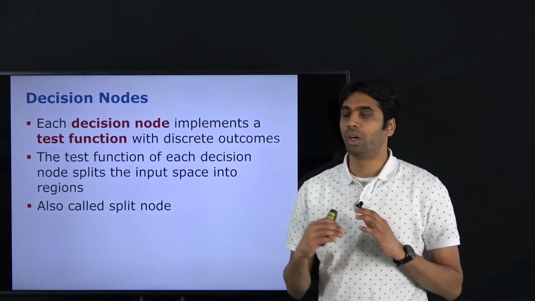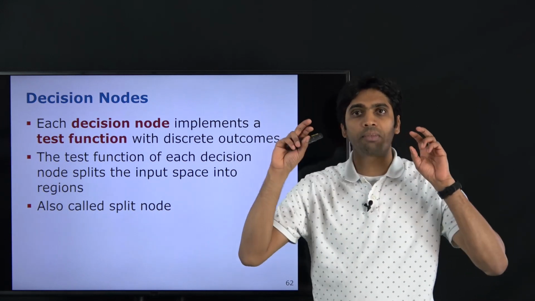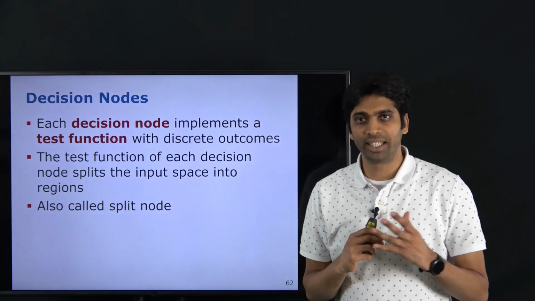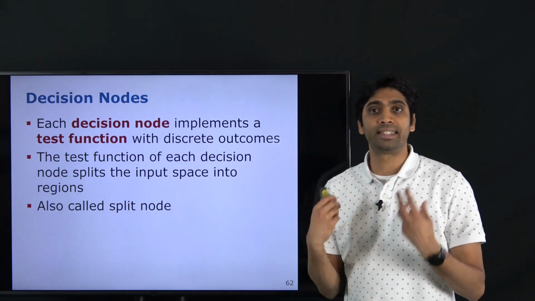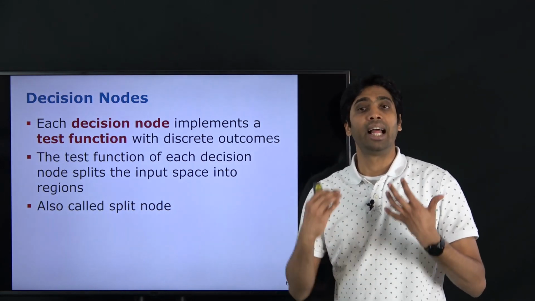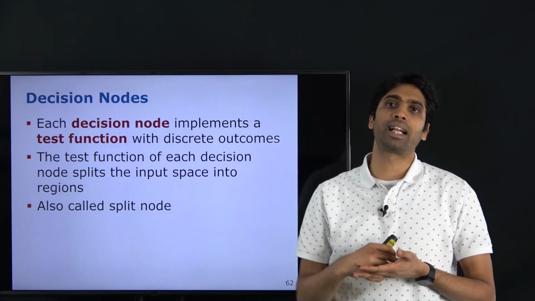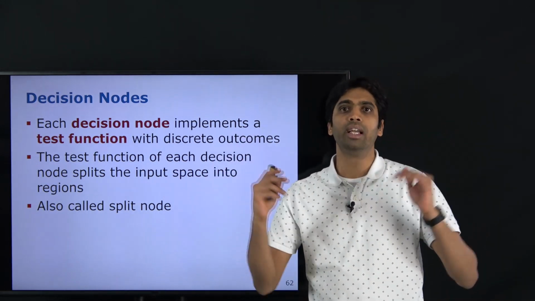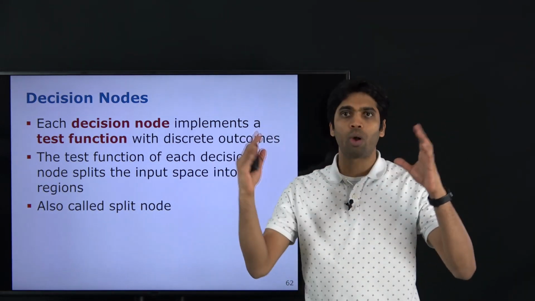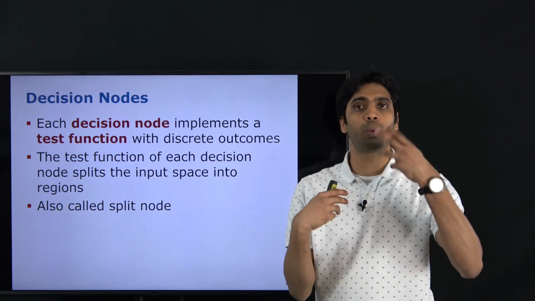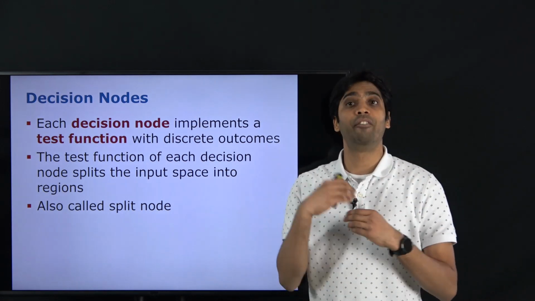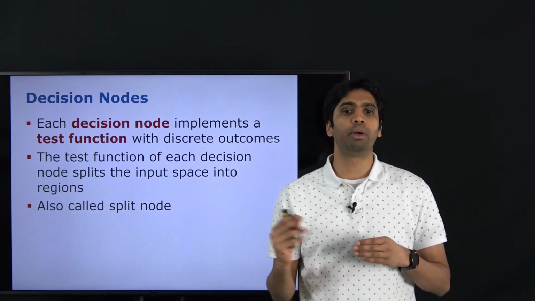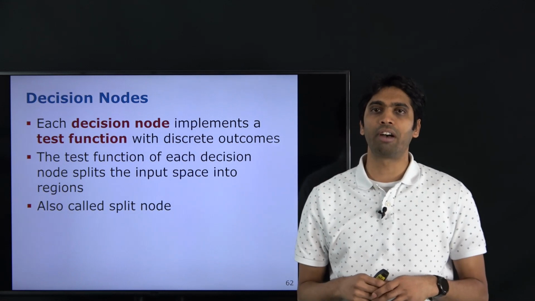Right, like I said, the logic part of the decision tree is this test function. So it's important to design this test function in a way that helps further the classification decision. Let's say your E vector is a long vector, so you need to ask certain questions on this E vector, or make certain tests on it, which would help you discriminate between the different classes that you have in there.